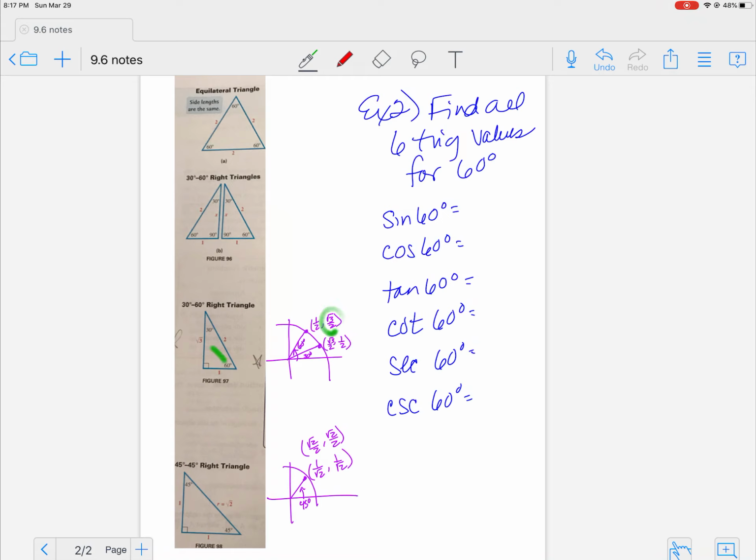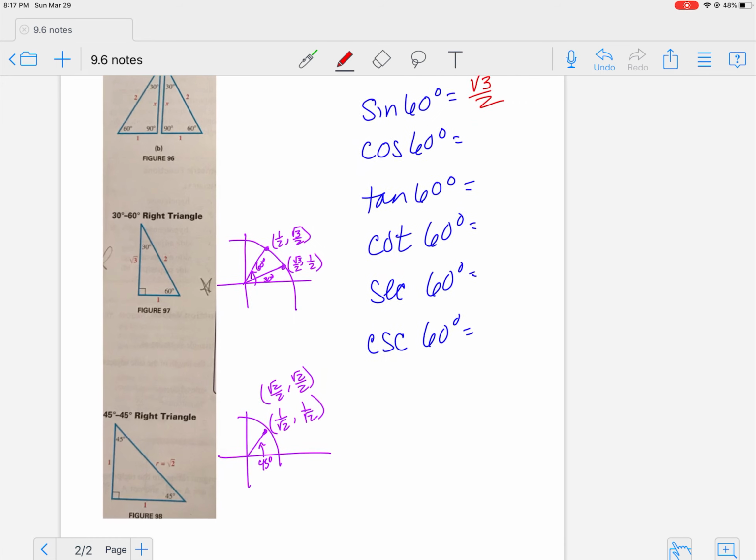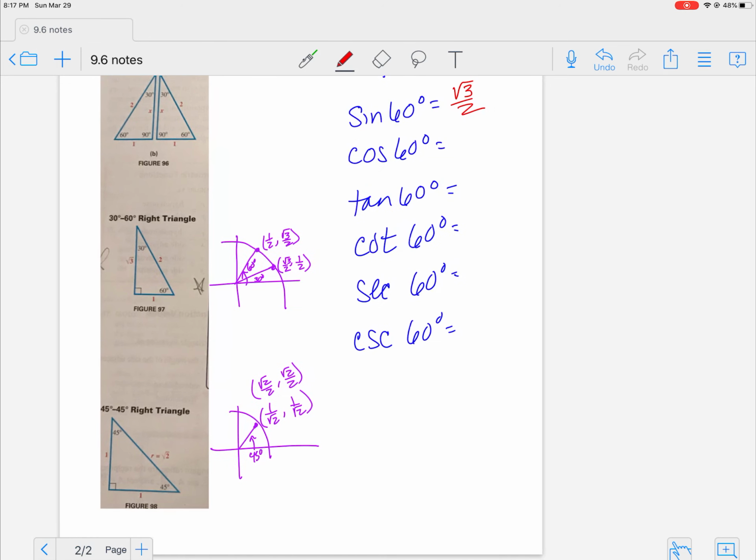So you know that you can do this as sine. If you want to look at this, the sine of 60 degrees up here is right on the unit circle, square root of 3 over 2, or 60 is opposite over hypotenuse. And you're going to get your square root of 3 over 2. Do you see that? I'm going to zoom in here just a little bit to make that a bit bigger, hopefully. I should have written those down further, I guess. The cosine here is the same thing as adjacent over hypotenuse, or you can look at it right there at that 1/2.